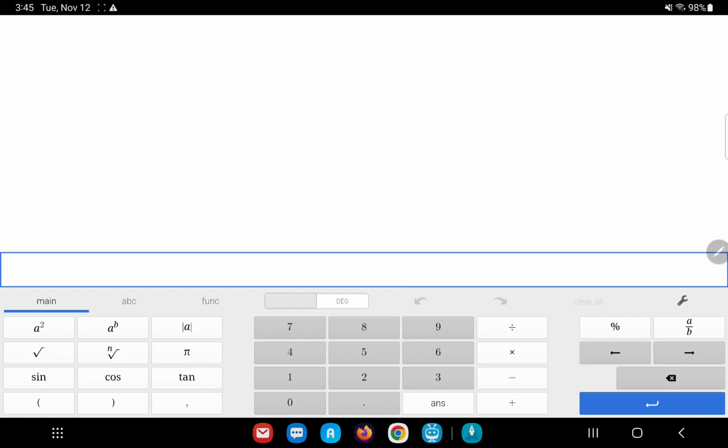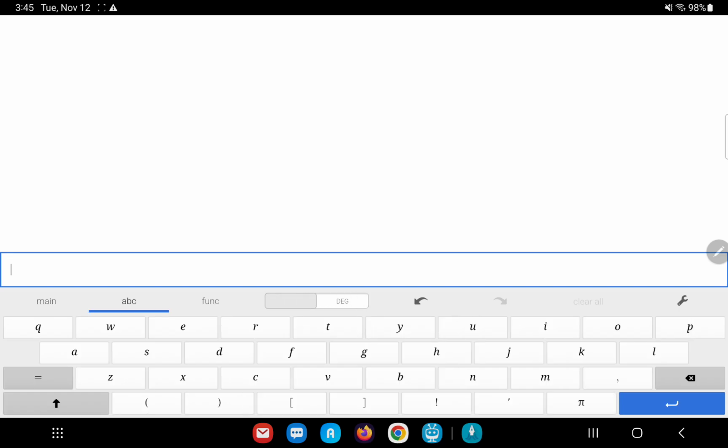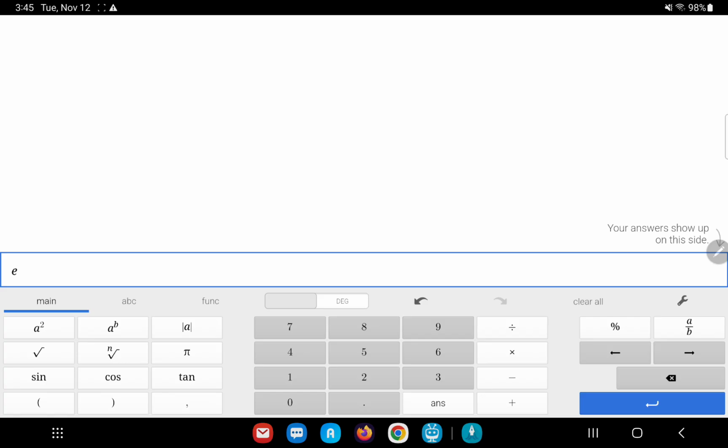So I'm going to write in, let's see here. Nope, that's not it. I'll do e to the, let's see here, e to the 0.045. Nope, that's not right. 0.045, and then we're going to multiply that by 5.